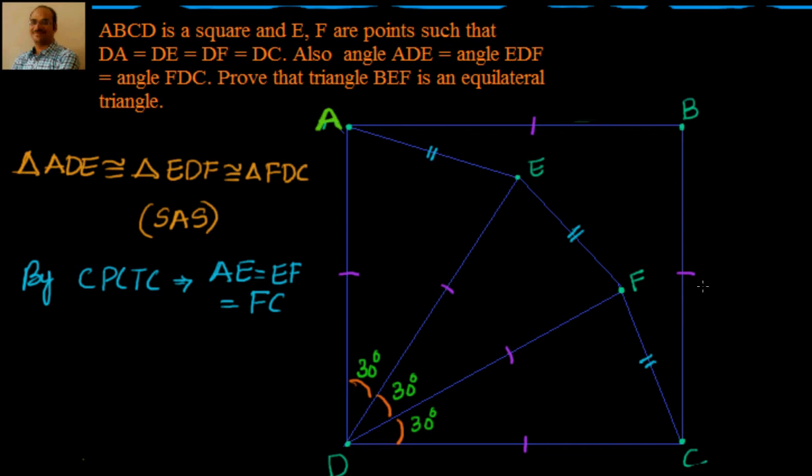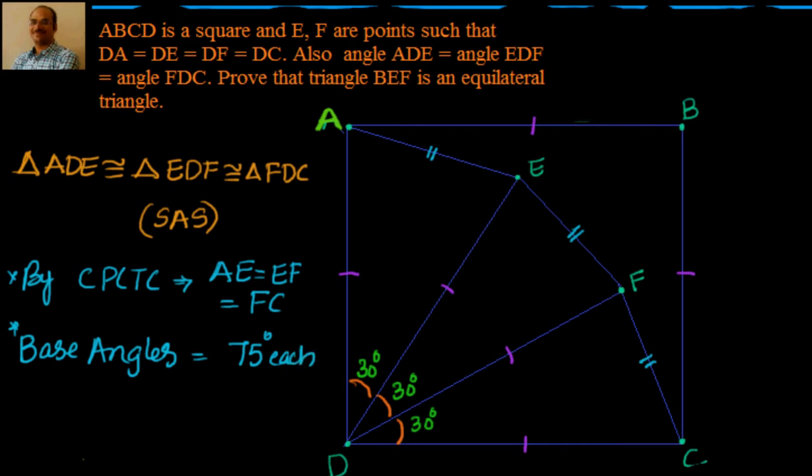That's the information we know. Not only that, the base angles of these triangles are equal to 75 degrees each. Why?